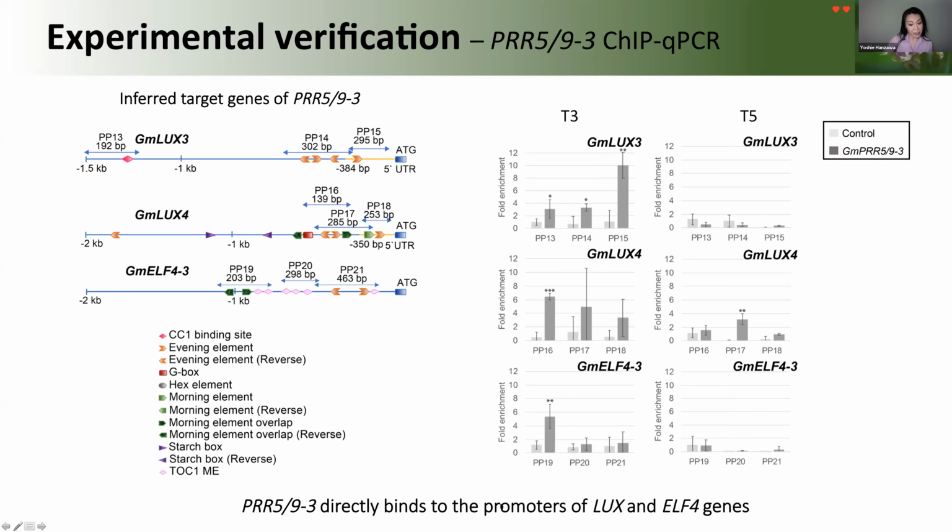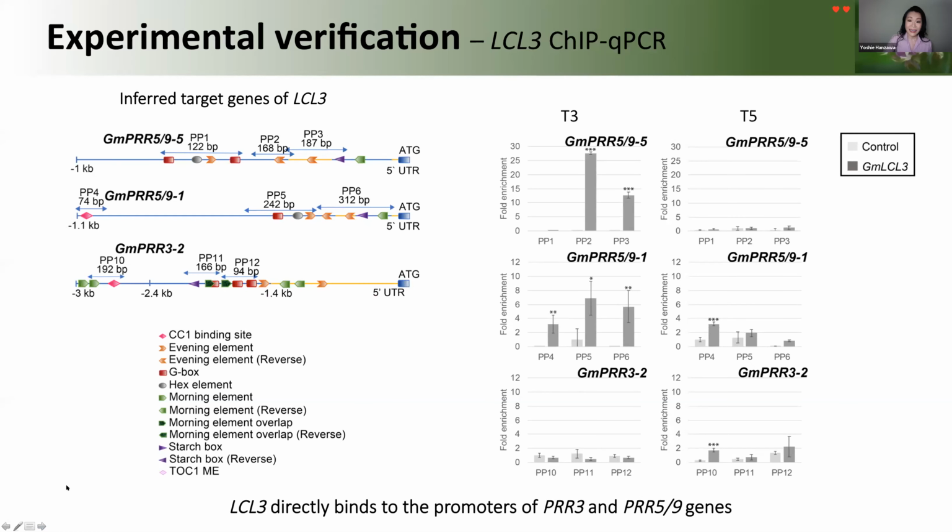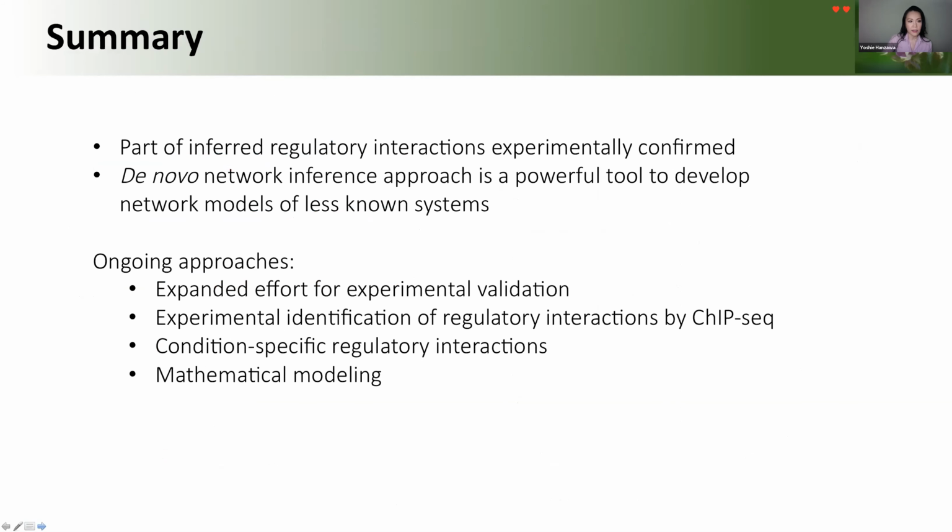So we have direct binding of this PRR593 protein. Similarly, for LCL3 by ChIP experiments, we managed to show downstream genes are highly enriched, which is great.